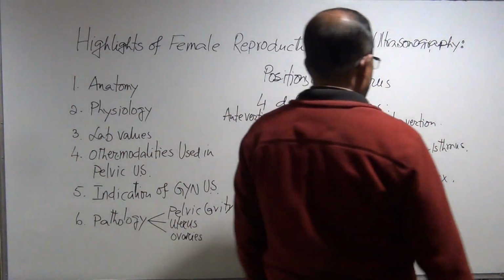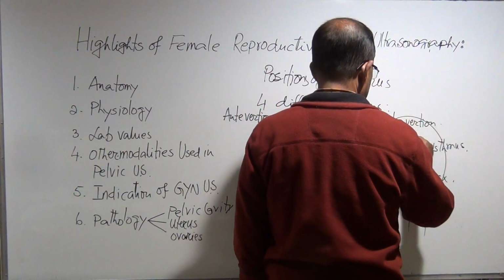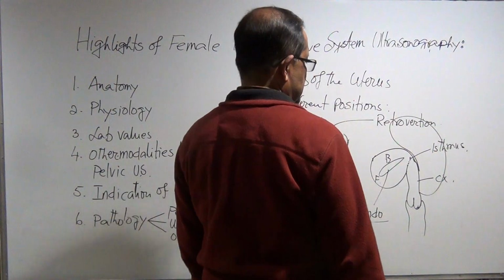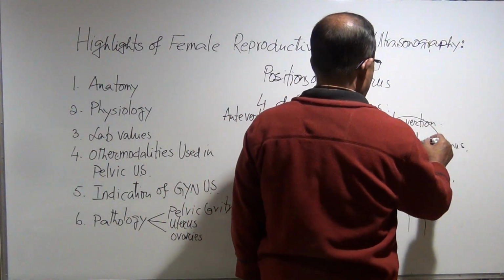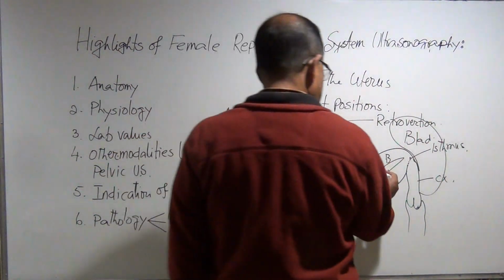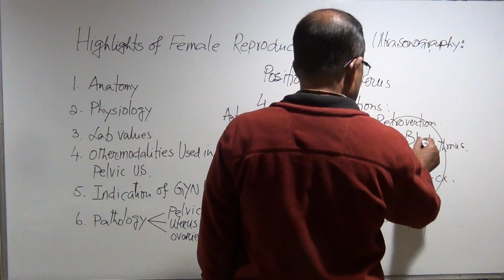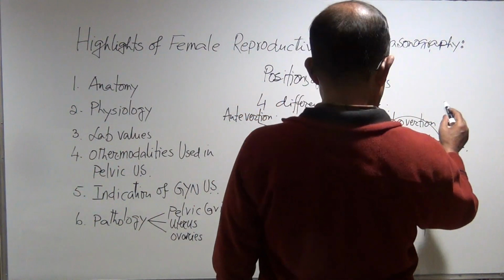Okay, and what is the bladder? So bladder is here. This is bladder. And this is uterus, anti-flex.